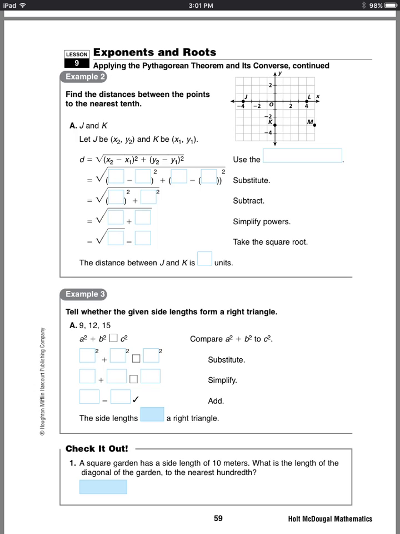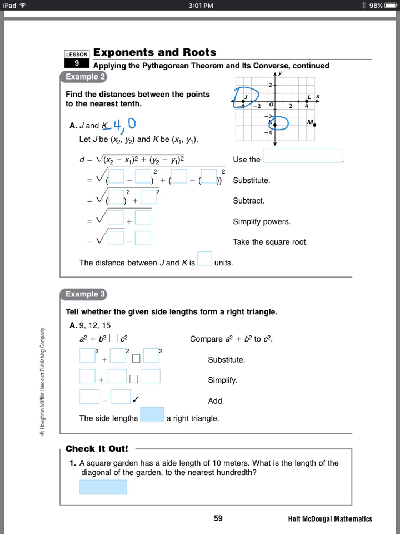Okay, find the distance between the points to the nearest tenth. J and K. Whew. So, let J be x2, y2, and K be x1, y1. Honestly, it doesn't matter which one's x2, y2, which one's x1, y1, as long as you substitute them in correctly. So let J be x2, y2. For J, our coordinates for x are -4, and our y is 0.